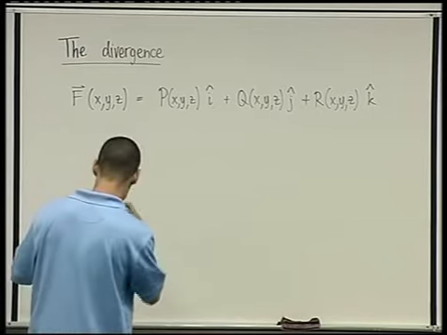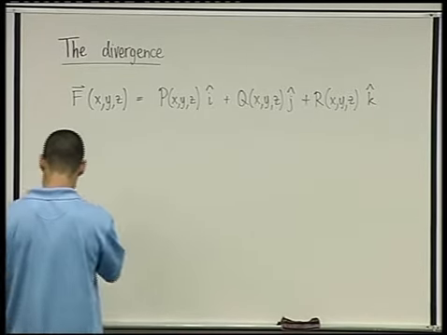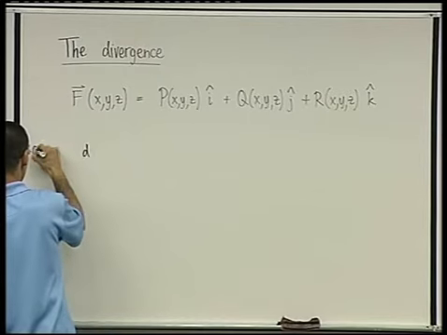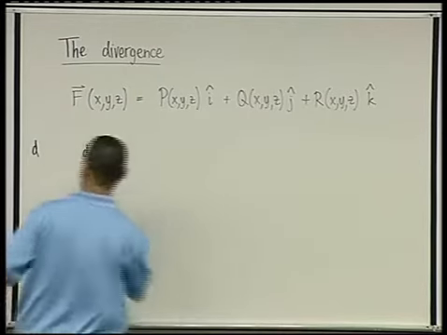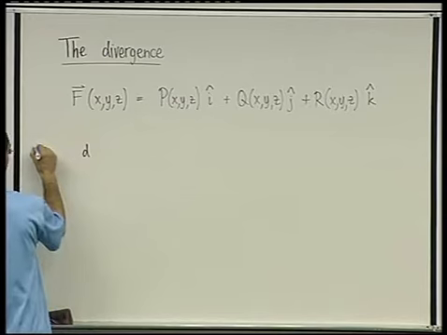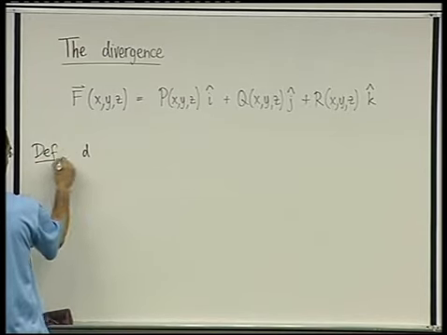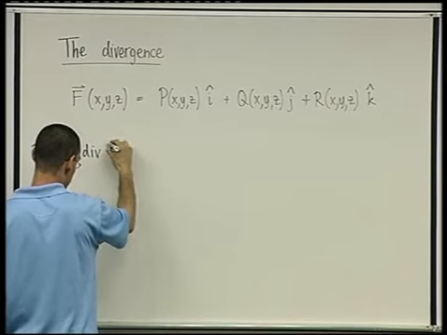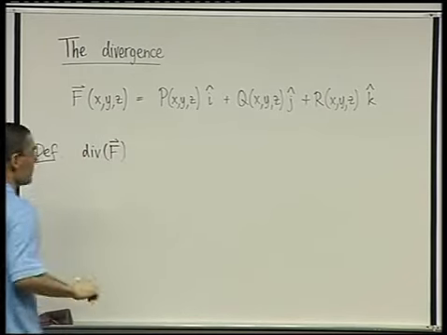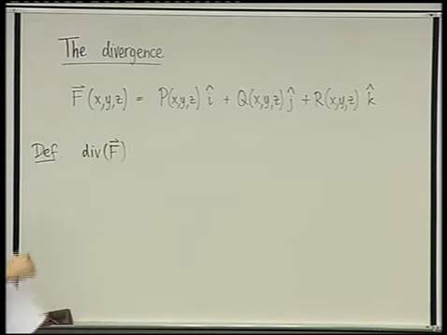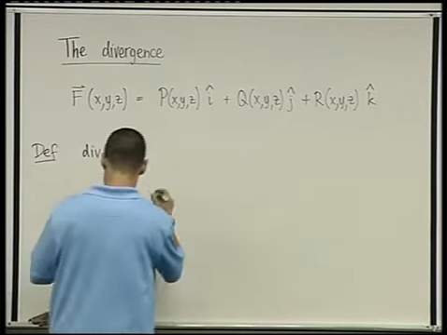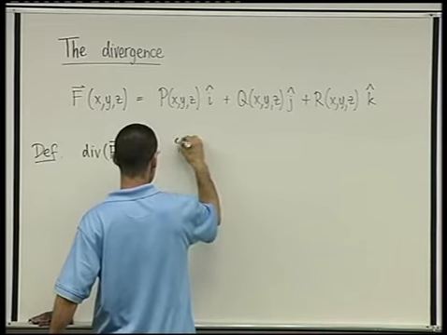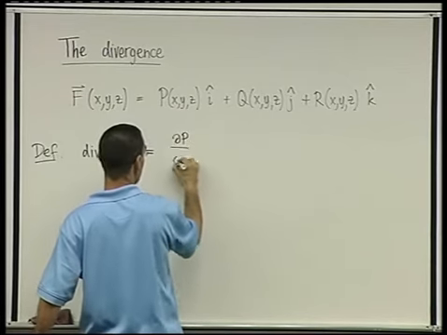And the divergence is defined as follows. So this is a definition. The divergence of f, written div f, is by definition the derivative of p with respect to x.